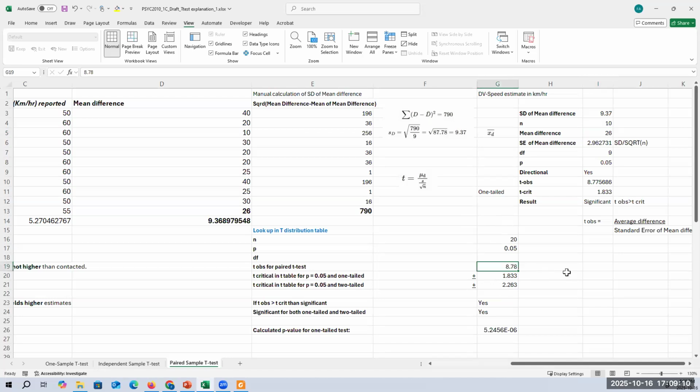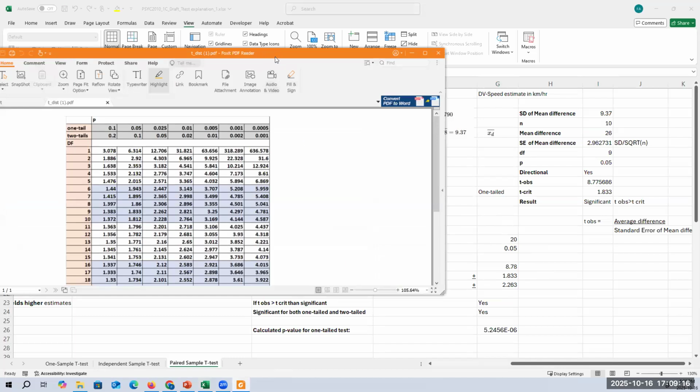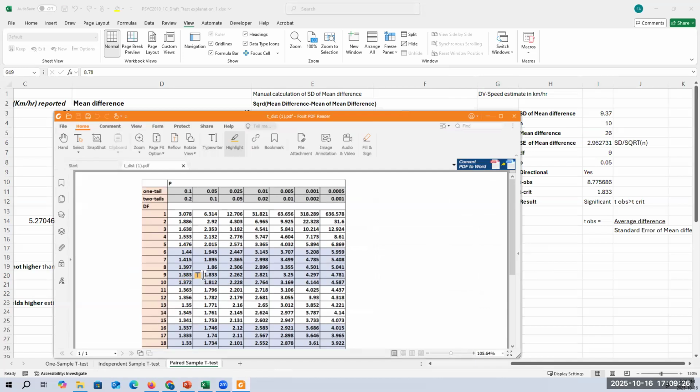Now we have to look in the distribution table. Our t critical for a paired sample t-test with a degree of freedom of 9 is 1.833, right? You see that, 1.833.